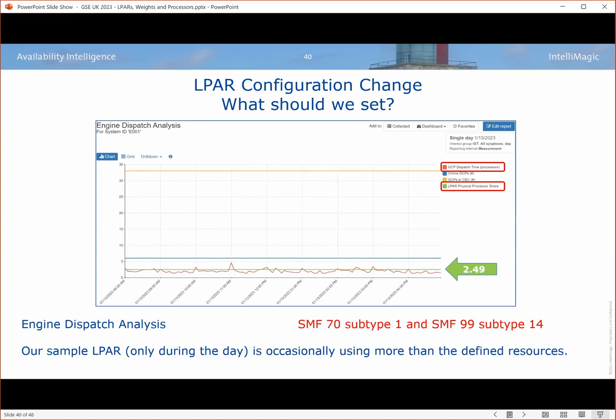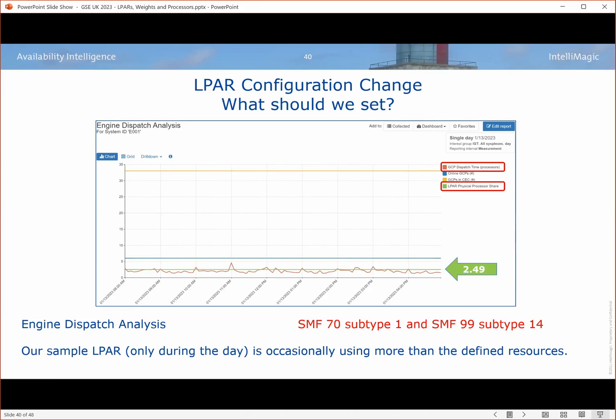Now, one very interesting chart is engine dispatch analysis. So again, looking at this sample LPAR, the green, 2.49, that's our CP share, which we've labeled LPAR physical processor share here. And we can see the red line, which is the dispatch processor time in CPs, right?